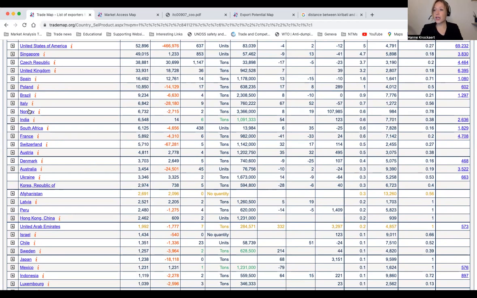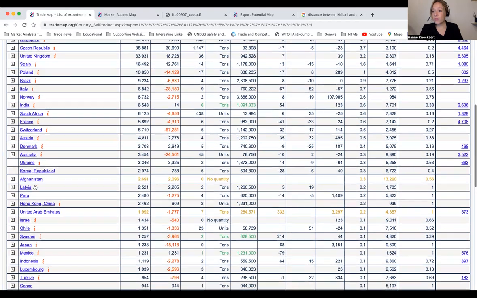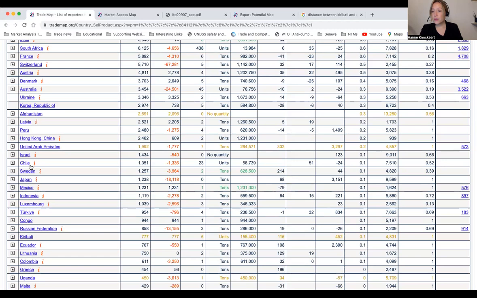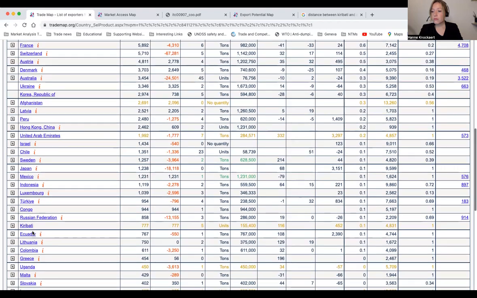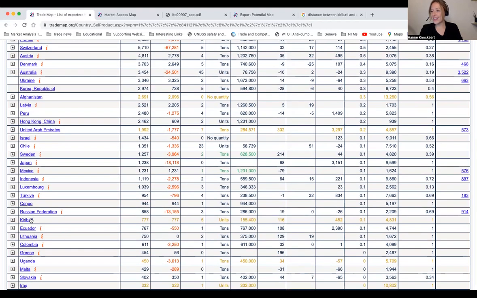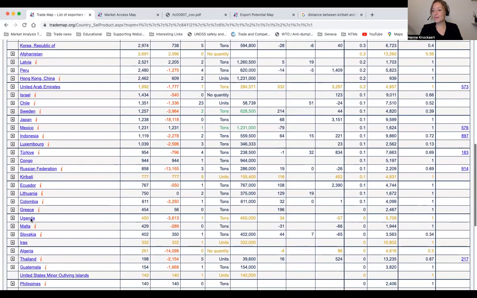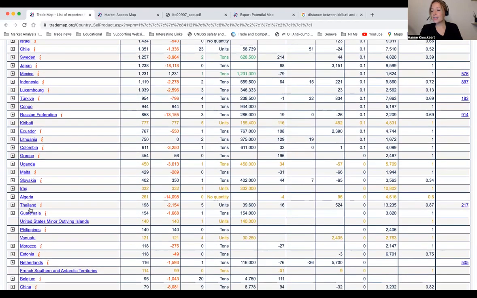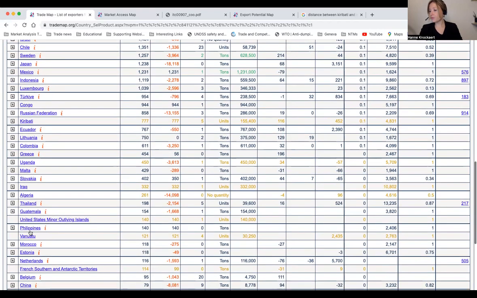Sorry, I'm trying to look at some more countries within the region. Here's Kiribati. Thailand, Vanuatu, Philippines, yeah.